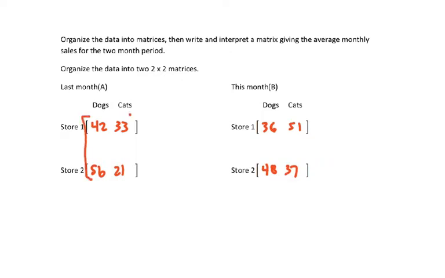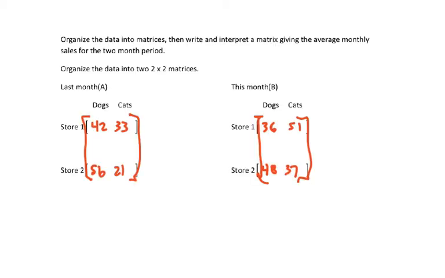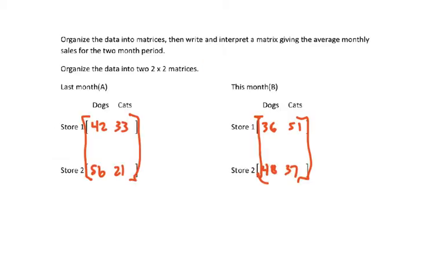This is apparently matrix A. This is apparently matrix B. So we want to find the average monthly sales by doing 1/2 times the addition problem between the 2 matrices. So that would be 1/2 times the addition of 42, 33, 56, 21. And 36, 51.